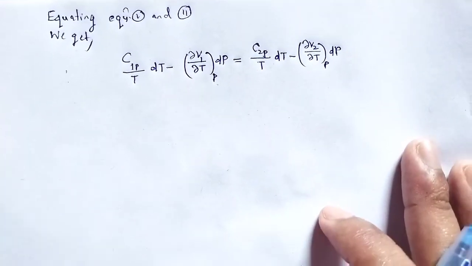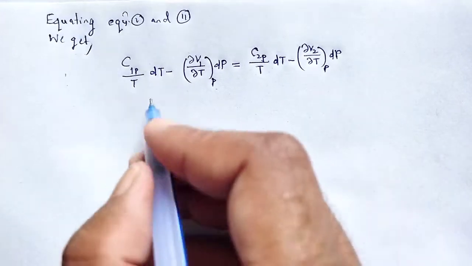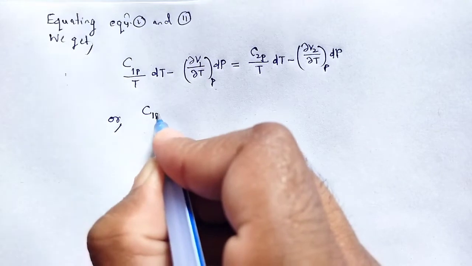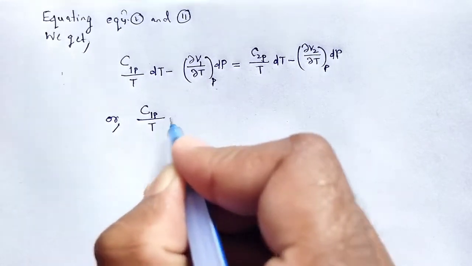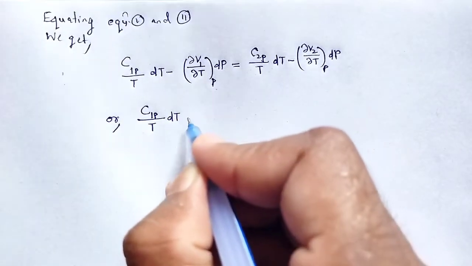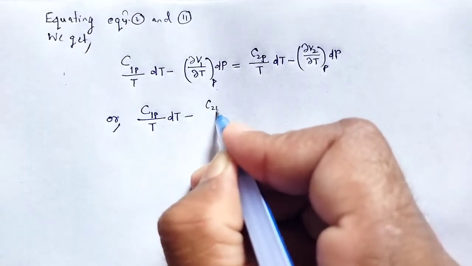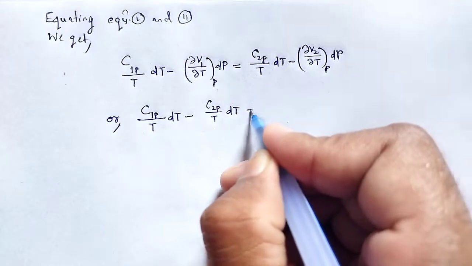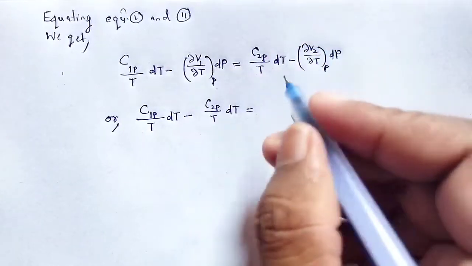Now, here C1p by T dT minus C2p by T dT is equal to that side.